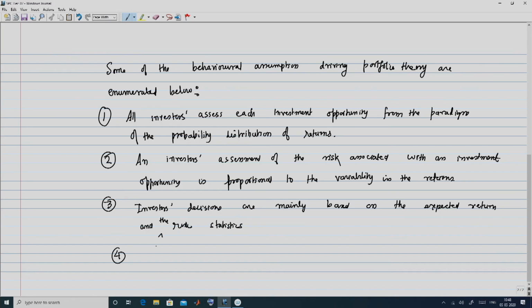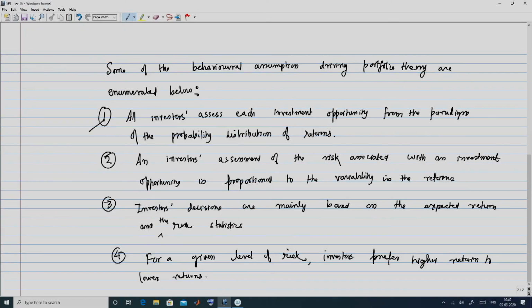And 4, for a given level of risk, the investors prefer higher return to lower returns. So, let me explain this one by one.